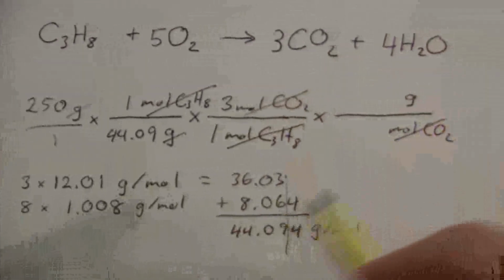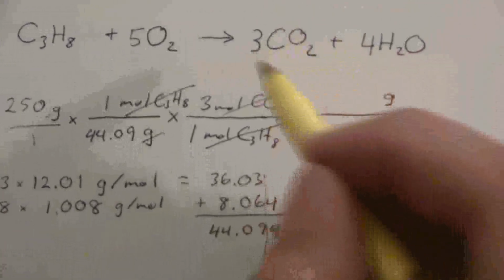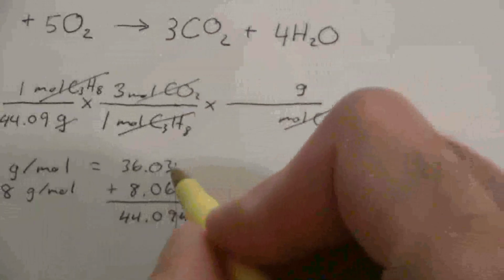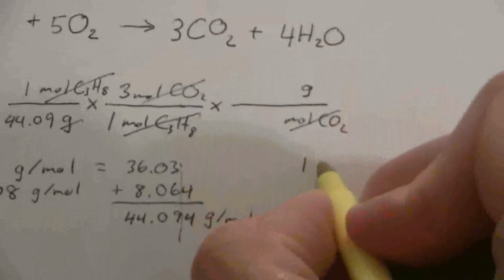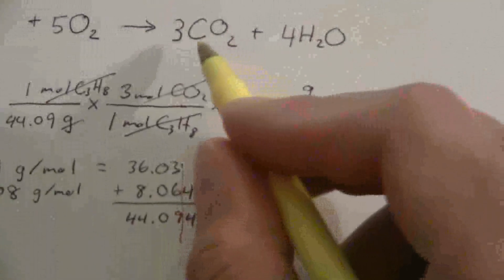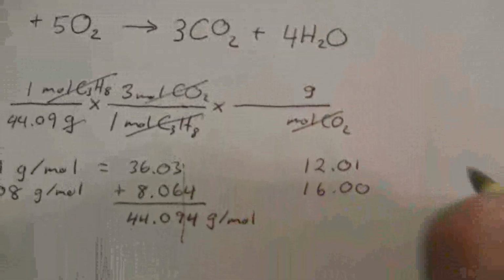We're talking about carbon dioxide this time, so I need the molar mass of carbon dioxide. For carbon dioxide, I have 12.01 grams per mole for the carbon, and oxygen is 16.00.